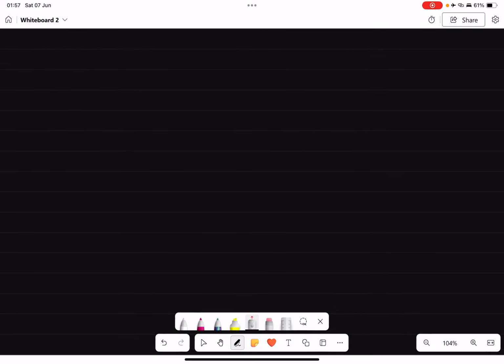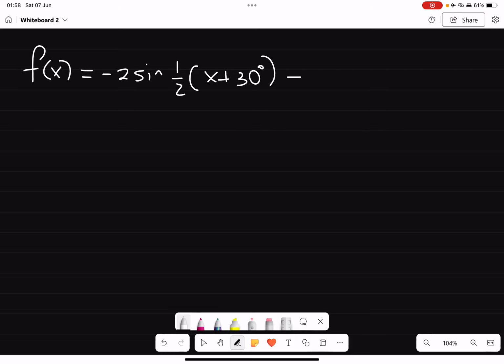I need to do the first example with you, ladies and gentlemen. Let's say we are given f of x equals minus 2 sine half x plus 30 degrees minus 1.